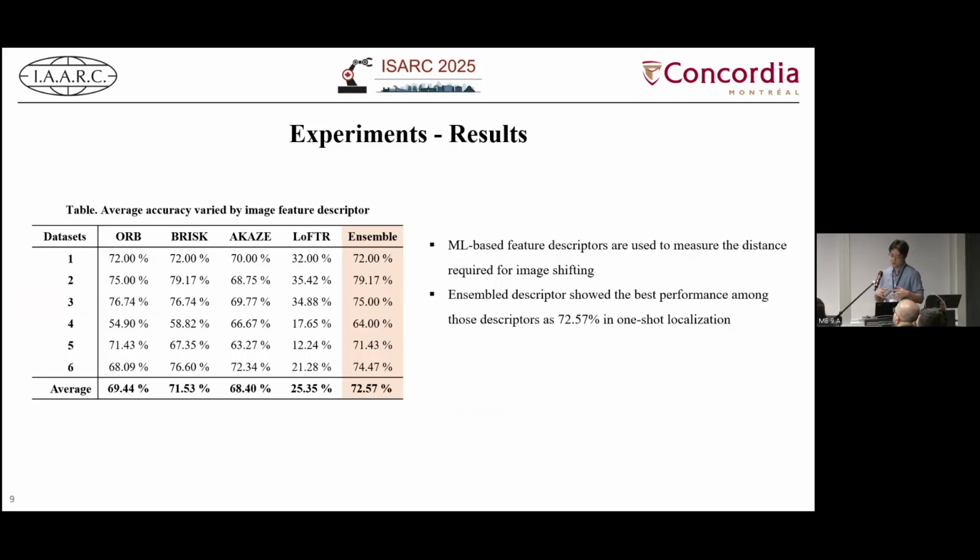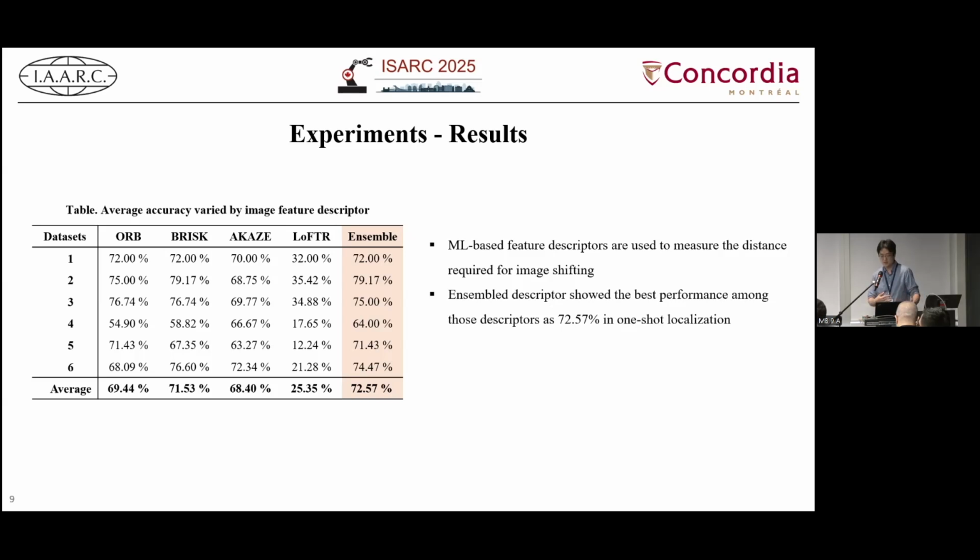We evaluated various machine learning-based feature descriptor models to identify the most effective for our application. As you see, ORB, BRISK, AKAZE, and the local feature transformer were tested, and on average, the BRISK-based approach outperformed all other tested ones, and it also surpassed the transformer-based one, the local feature transformer.